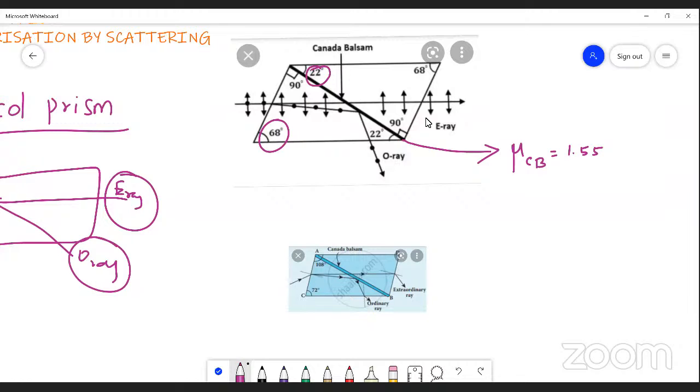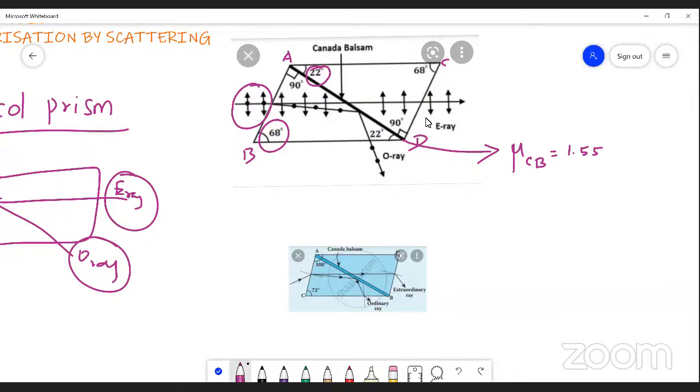Now unpolarized light is incident on the surface AB of this prism A, B, C, D. The unpolarized light is divided into two rays, one ordinary ray and another extraordinary ray. The ordinary ray obeys the laws of reflection and refraction, but the extraordinary ray does not.